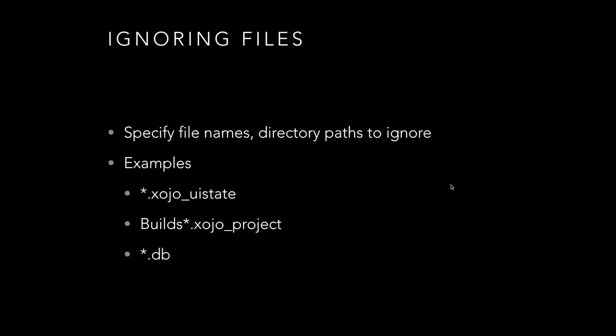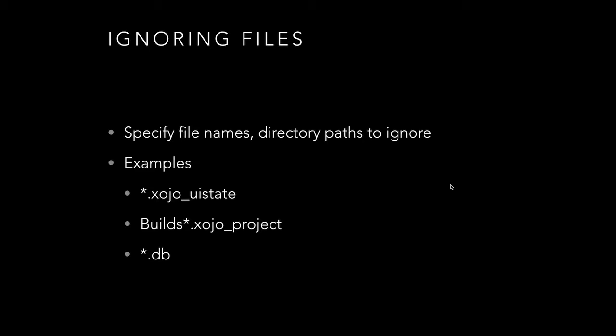I don't want to be jealous of those state files. And then also the builds directory, so you can tell globally for all repositories created in your account on your user's home directory, you don't want the build folder to ever appear and get committed to the repository. You could also use it for a large database file or anything else. So those are obviously some examples.